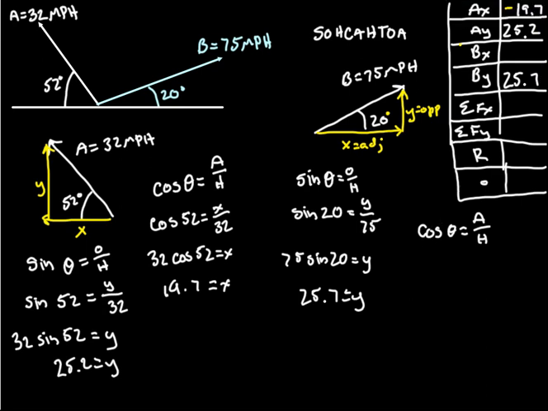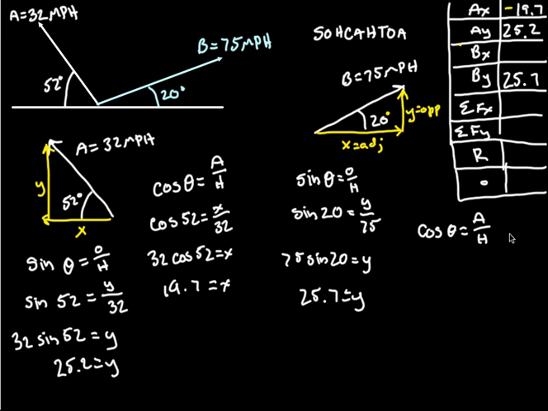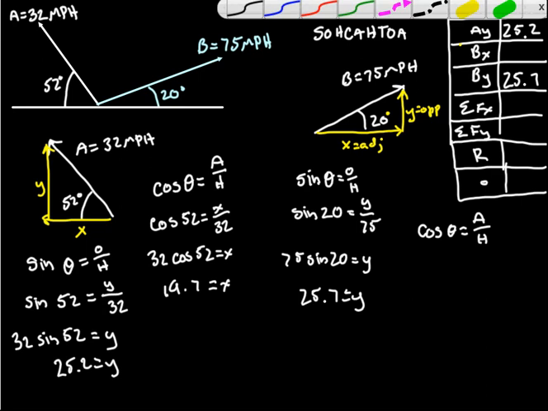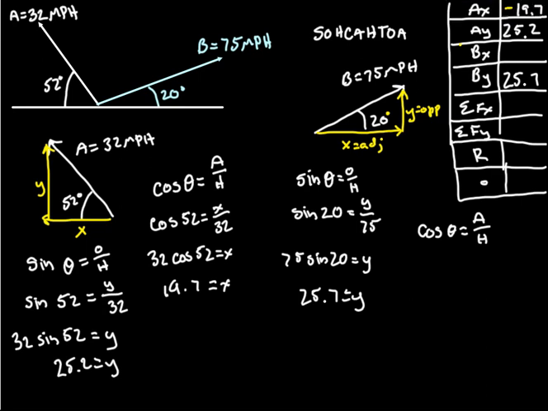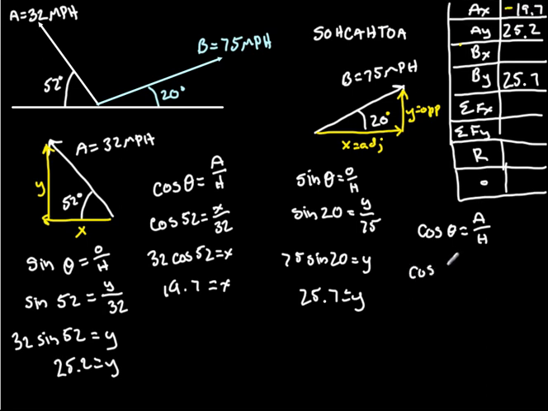25.7. Great. And we'll do our cosine here. Cosine of our 20-degree angle equals x over 75.